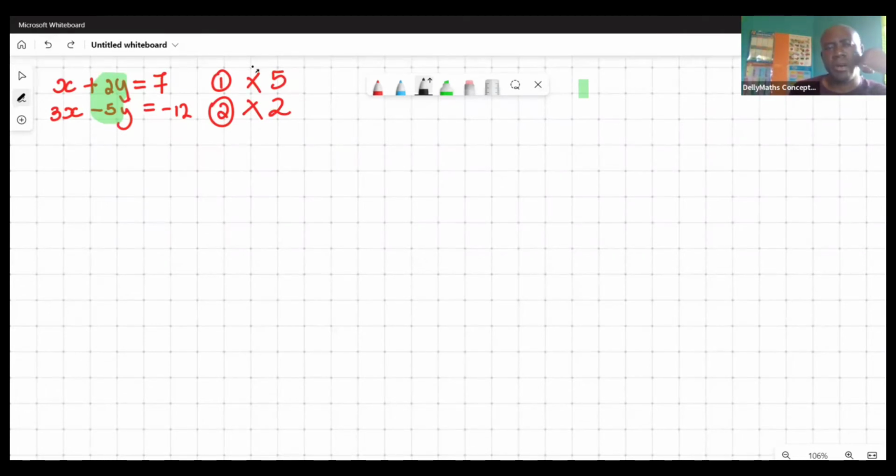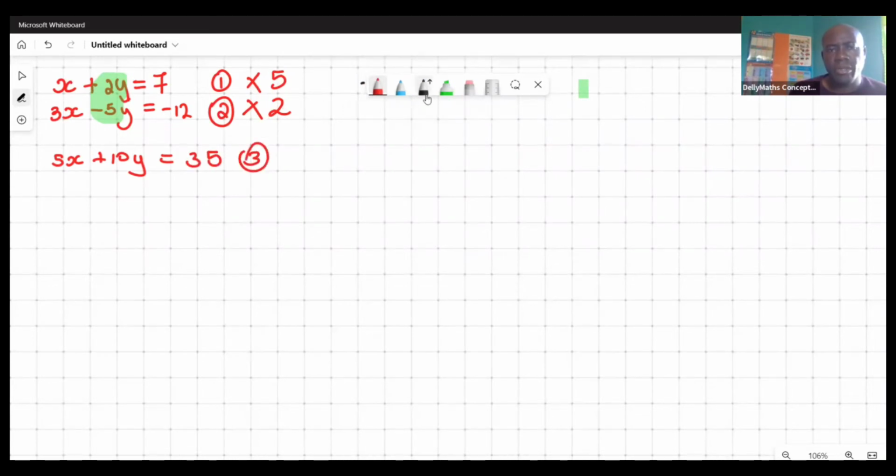So let us carry out the operation now. 5 times x gives 5x. 5 times 2y gives positive 10y. 5 times 7 gives 35. This is equation 3.